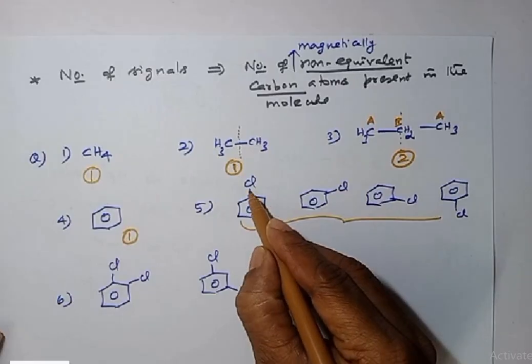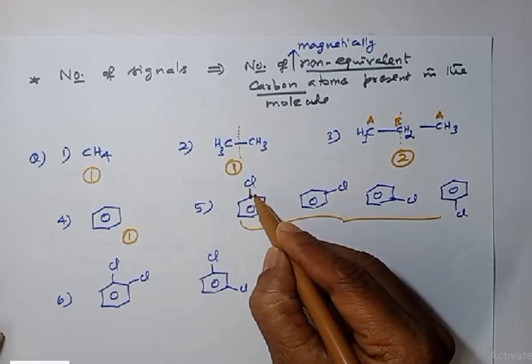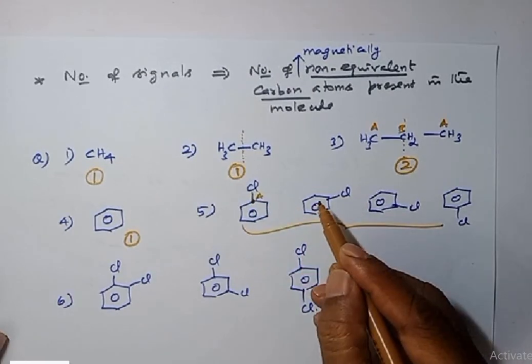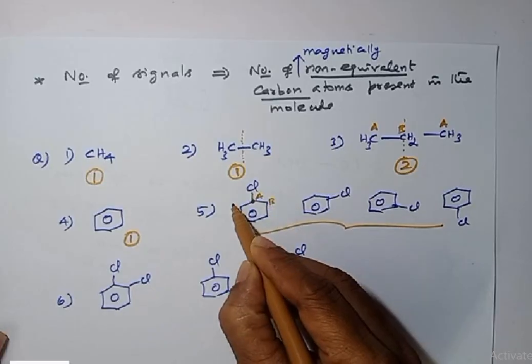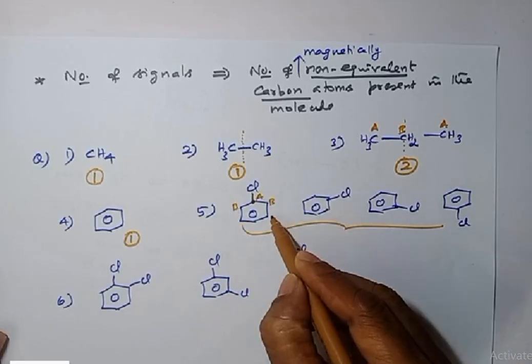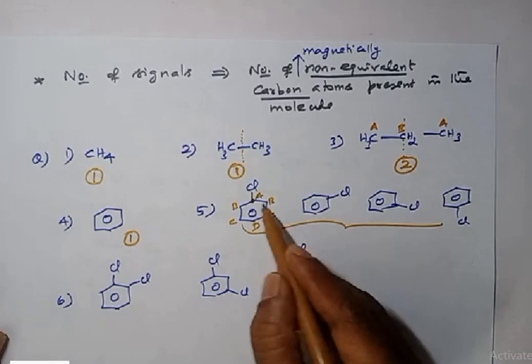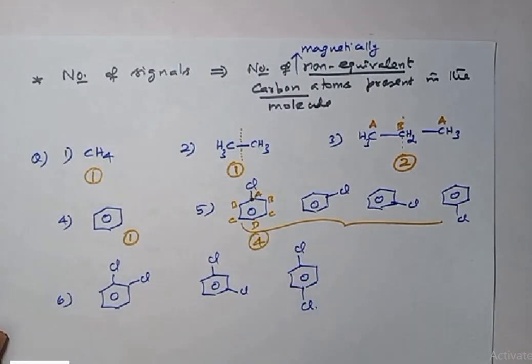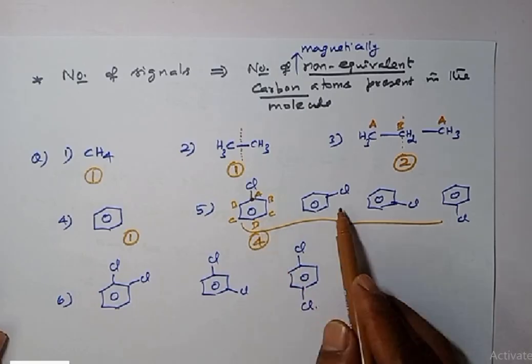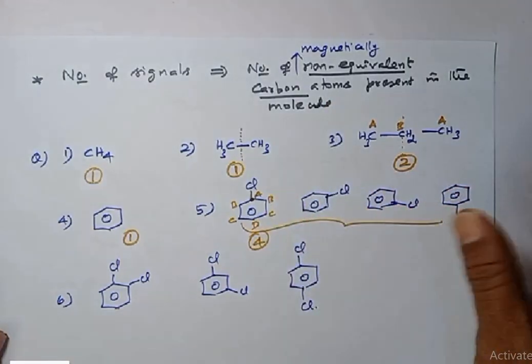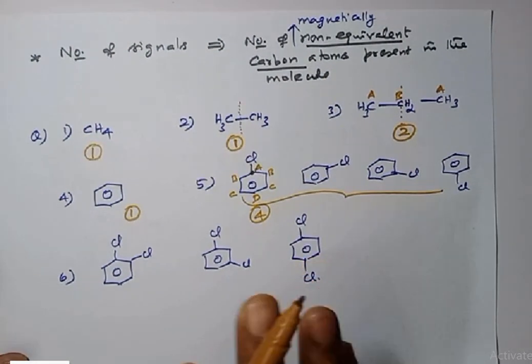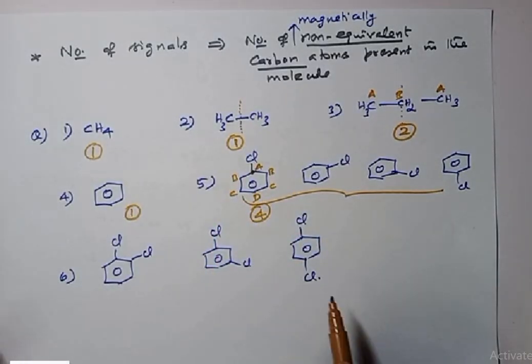So here, the chlorine-attached carbon is in a different environment, which is A. Then the next carbon, the orthocarbon, B. Next, the metacarbons are equivalent, C. Then the paracarbon, D. So we get 4 signals for this compound. And these are all one and the same. I have drawn them in a different direction.